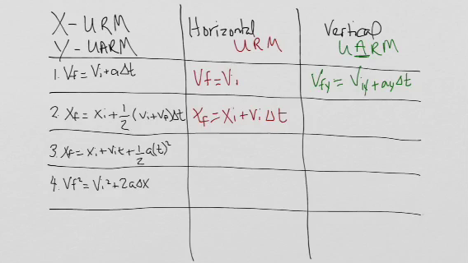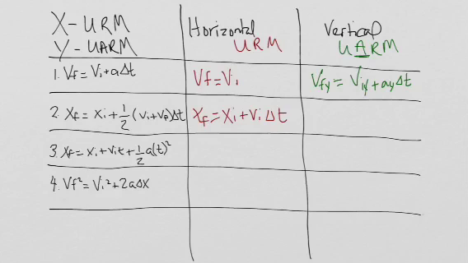All right, now let's look at this in a UARM context. How does this equation differ? Because we're dealing in the vertical, the x's disappear. We're now dealing with y's.